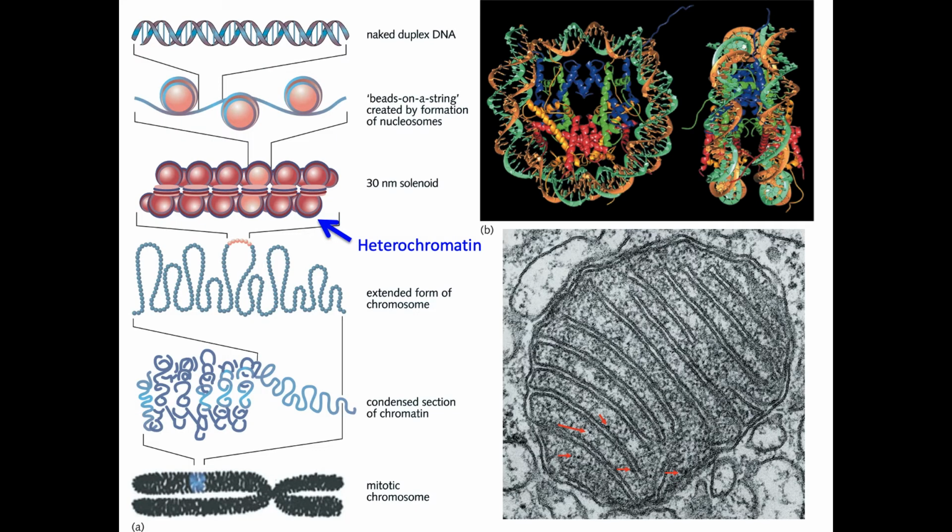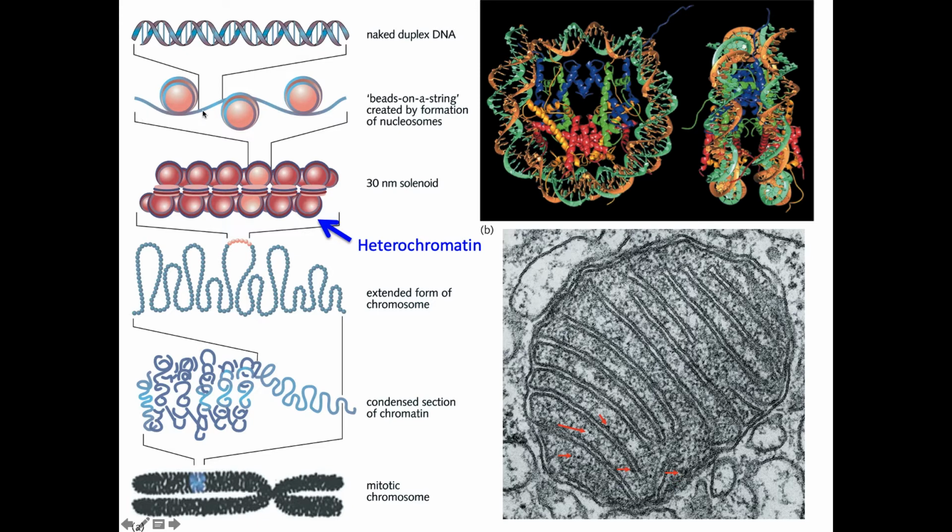So thinking about the eukaryotic example, we all know about the nucleus and that the DNA is kept in the nucleus. And then we might think that we have our naked DNA, our double helix. But this DNA is not actually in a straight line.